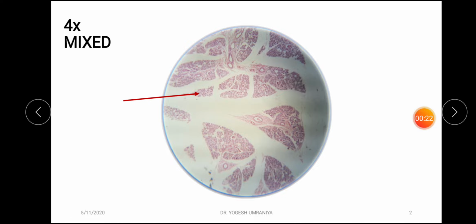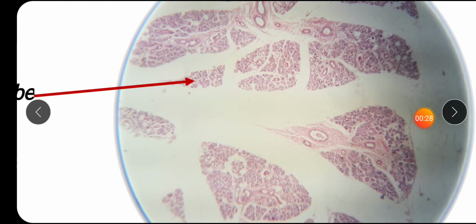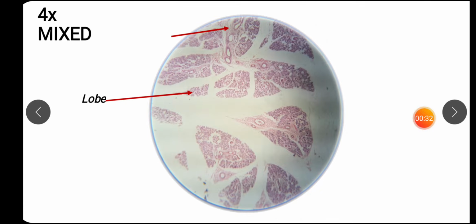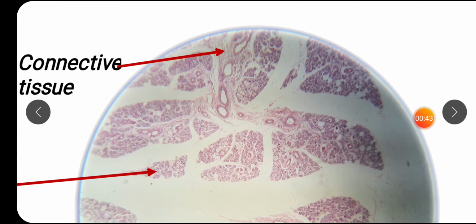In this first point you can see the lobe of the gland. Next point, you can see here under the top of this microscopic field, that is representing the connective tissue septa arising from the peripheral capsule of the gland.